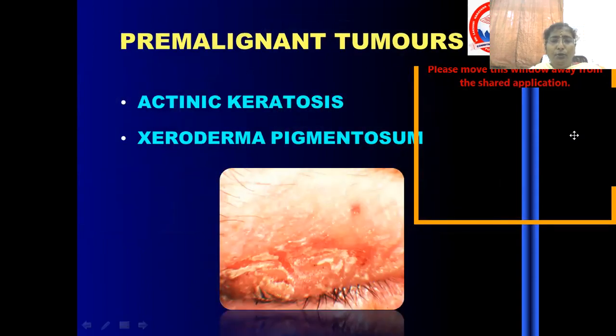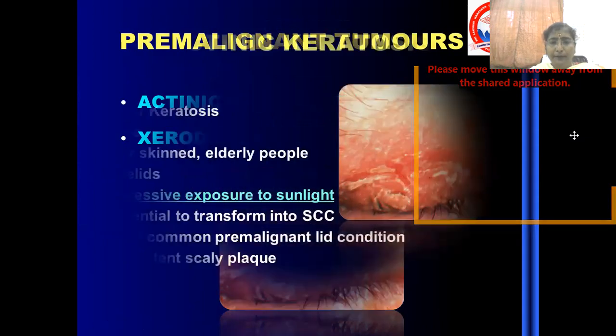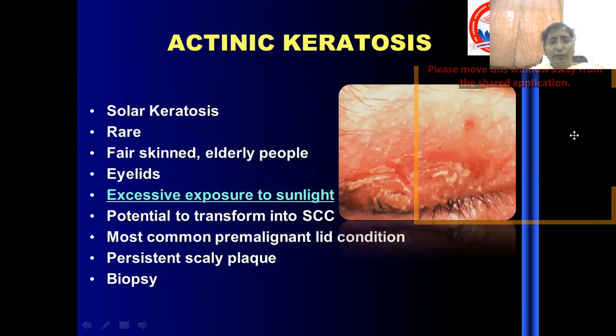And coming to the pre-malignant tumors, you have actinic keratosis and xeroderma pigmentosum. Actinic keratosis includes solar keratosis, which is rare, but it usually occurs in fair-skinned and elderly people, and the eyelids are most commonly involved, and most often it is due to excessive exposure to sunlight, with potential to transform into squamous cell carcinoma.